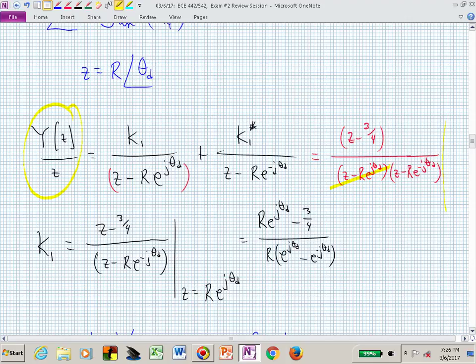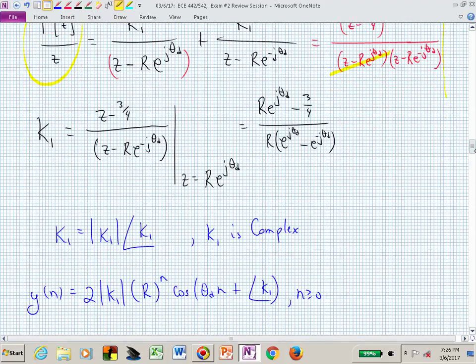K1 is now r e to the j theta sub d, and we know what r is, and we know what theta sub d is. This will involve complex algebra, but it's doable. And what's downstairs? Euler is showing up, but we have r, and now we have basically 2 times the sine piece, so that's going to give us some j's, but you don't necessarily have to keep track of all that.